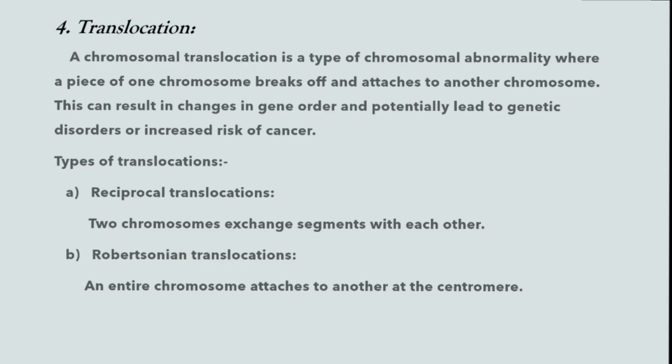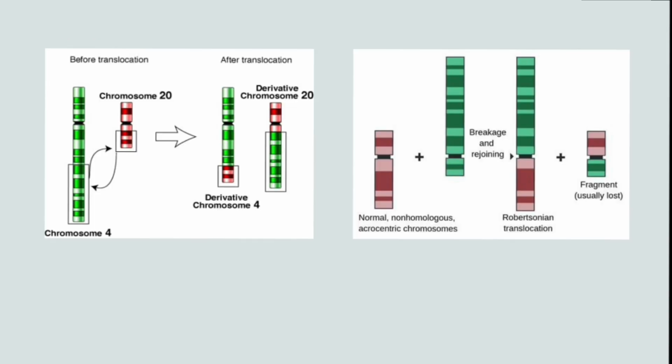So in reciprocal, what will happen? Two chromosomes exchange their segments with each other. Here basically a segment is exchanged between chromosomes, but in Robertsonian, an entire chromosome detaches from the centromere position and attaches to another with the centromere. So that's the images representing both translocations, and that's all for today, and thank you for listening.